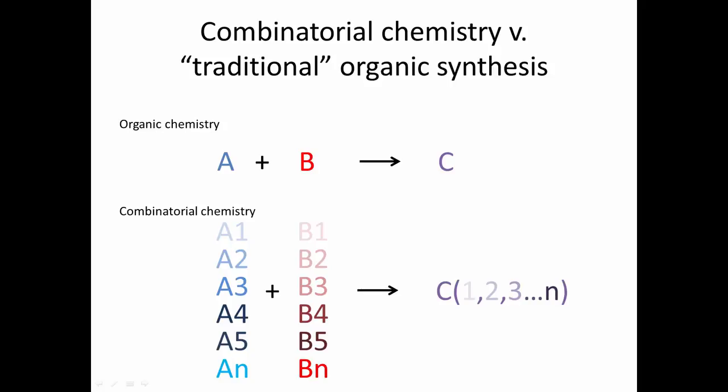However, if we do combinatorial chemistry, we can take different A's, A1, A2, A3, up to An. They can have the same functional group, but they can be different molecules. Same with B's. We can have B1, B2, B3, etc., all the way to Bn, and we can do combinations of an A and a B and get combinations of C's.